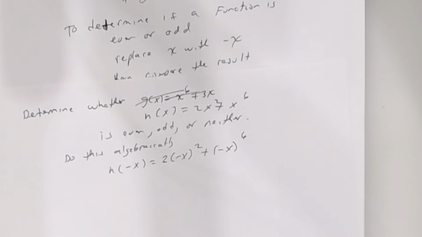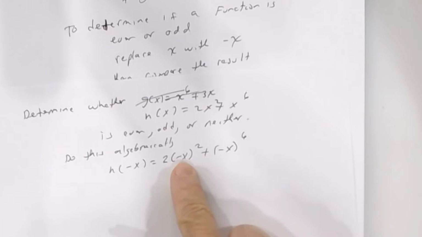Now, at one point a while back, we found h of negative x, g of negative x, k of negative x. It was a while back because it was one of the worksheets. So you did something like this. But then at that point you asked yourself, well, what is a negative x squared? So meaning, what is a negative x times itself? What is it?